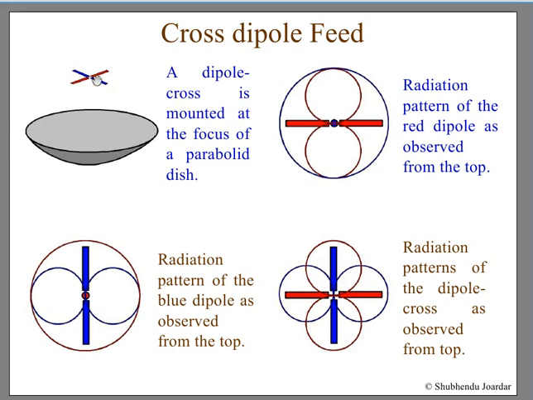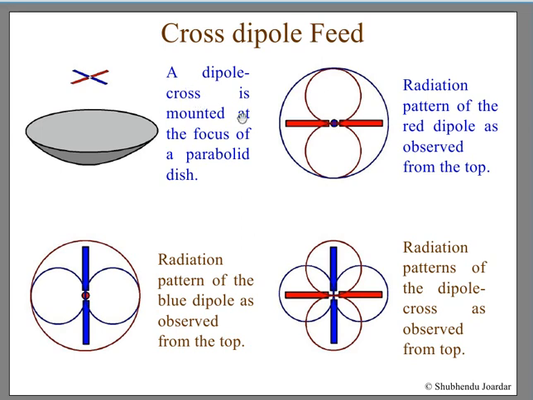So if you place two such, this type of feed we are also using in GMRT. If you have a cross dipole like this for picking up two polarizations, and you have something at the back, that is good enough for limited bandwidth reception.